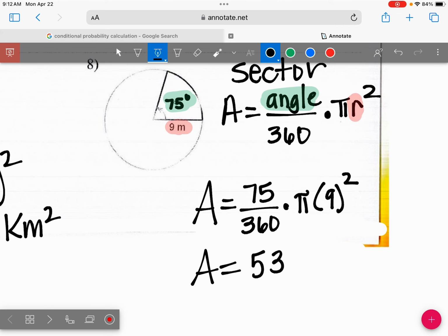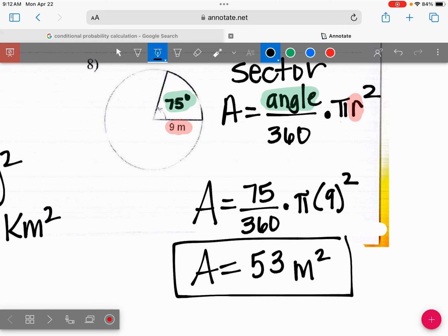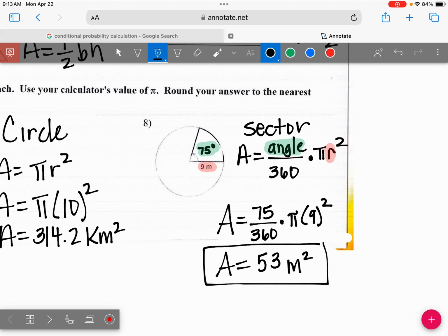Which is 53.01. So I'll just say 53 meters squared. All right, raise your hand if you got that answer in your calculator. All right, so any questions about those? Those are all kind of review from the last test.